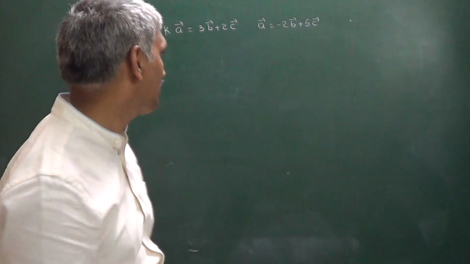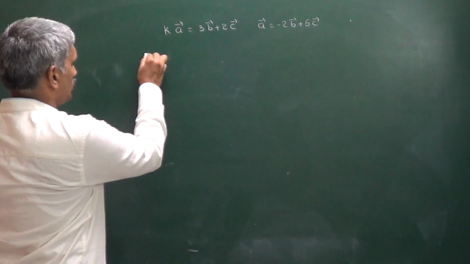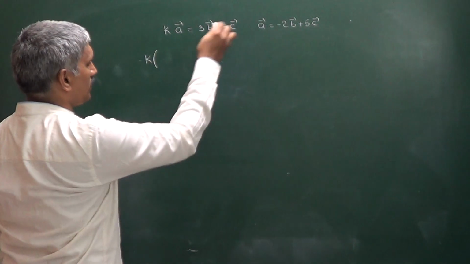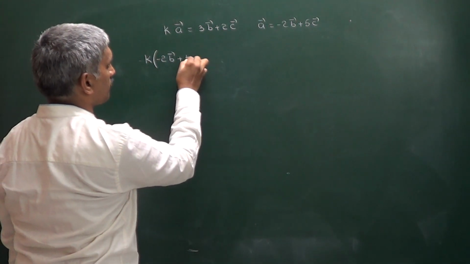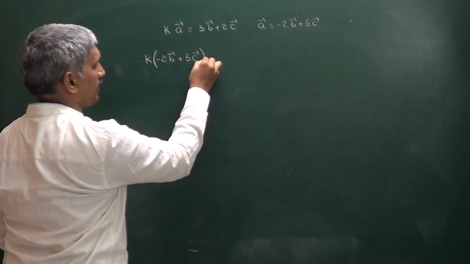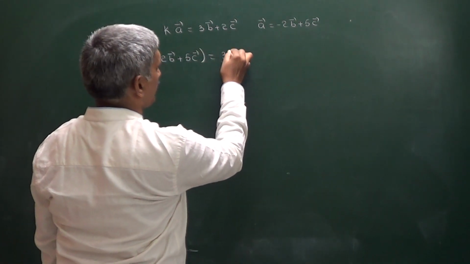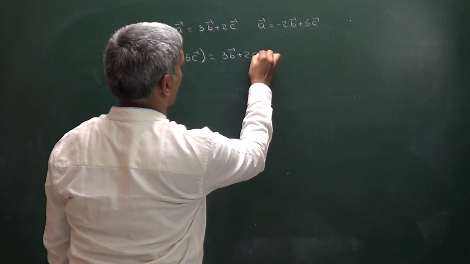That is the information given. Okay, then what to do? So I can write k into, in place of a bar, minus 2b bar plus 5c bar is equal to 3b bar plus 2c bar.